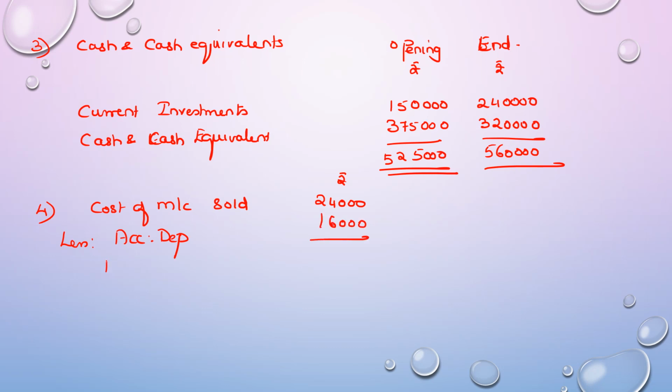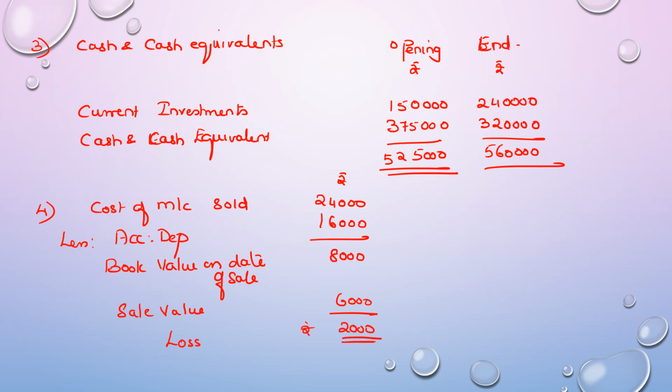So from this what do we understand? That the book value on date of sale was 8,000. So with that we compare it with the sale value. They said it was sold for 6,000, which means you have sold it at a loss of rupees 2,000.